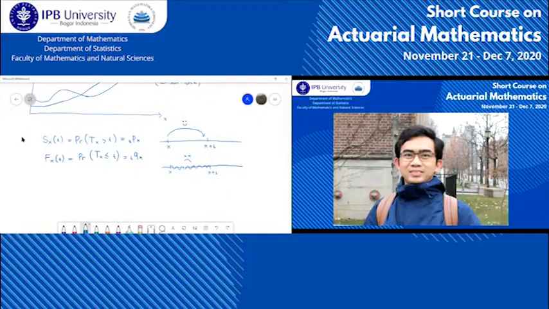And we have another actuarial notation for the probability, which is t bar u q x, equal to the probability of T x being larger than t and less than or equal to t plus u.